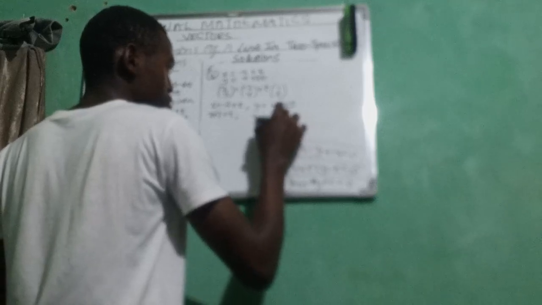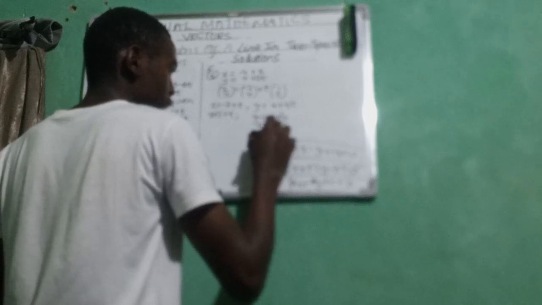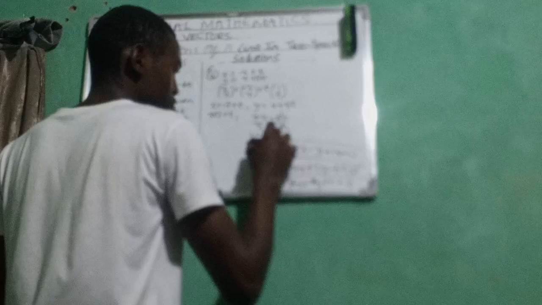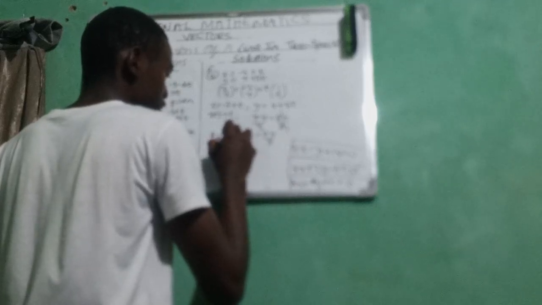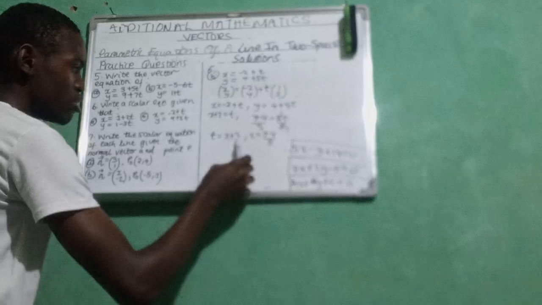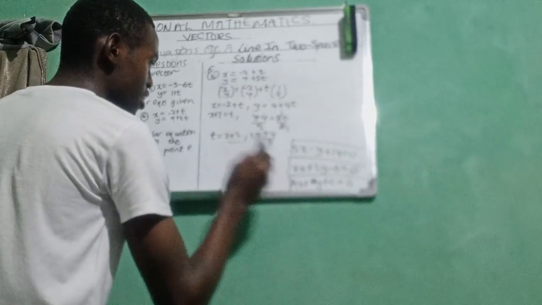We divide by 5, so t is equal to (y minus 4) over 5. And we also have t is equal to x plus 2. Since t is equal to this and t is equal to that, we equate these two.